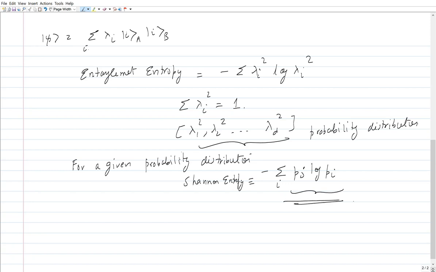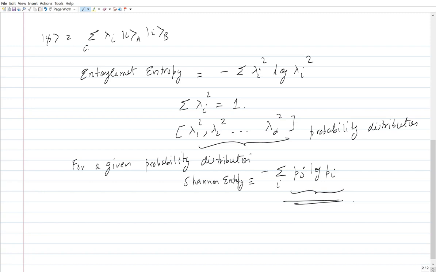It captures the amount of information about the probability distribution, or the flip side of information is ignorance. It tells you the amount of uncertainty associated with this probability distribution.